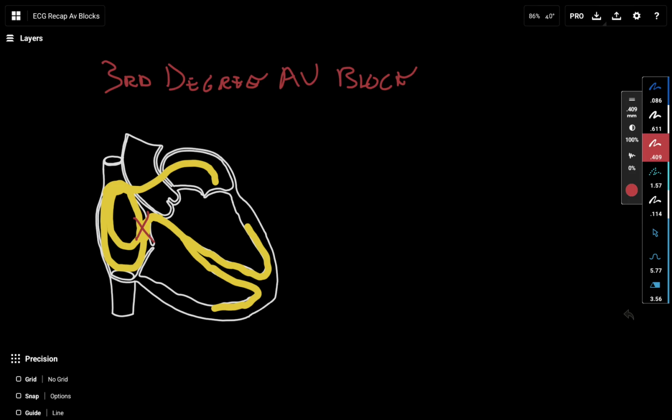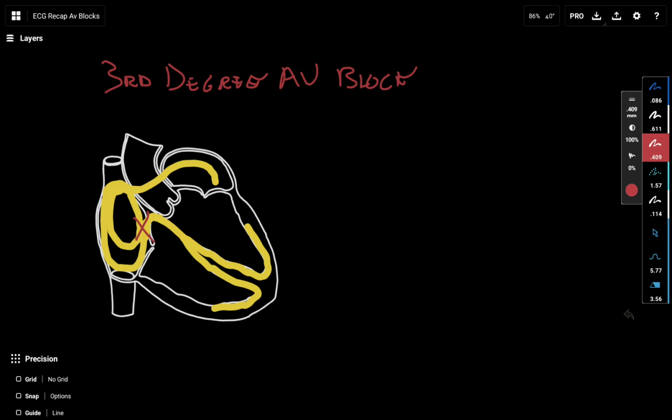A complete heart block is essentially the end point of either a second degree type 1 or a second degree type 2 heart block. It may be due to progressive fatigue of your AV nodal cells, like your Mobitz 1, or alternatively, it might be due to a sudden onset of complete conduction failure throughout the Purkinje system, like your Mobitz 2.